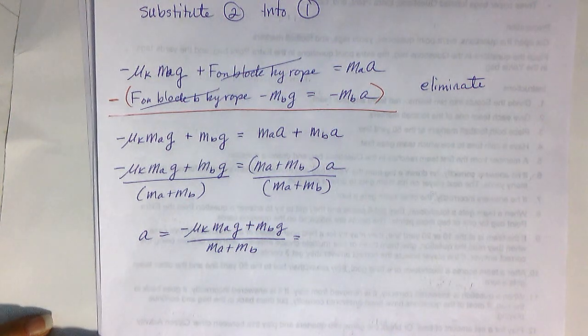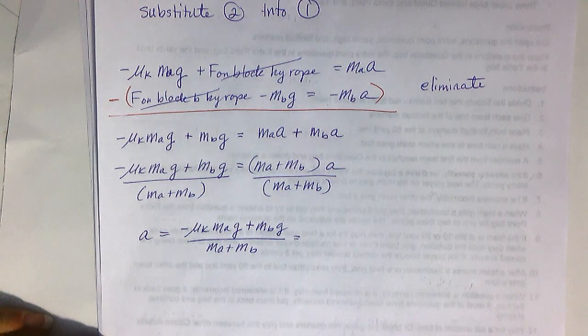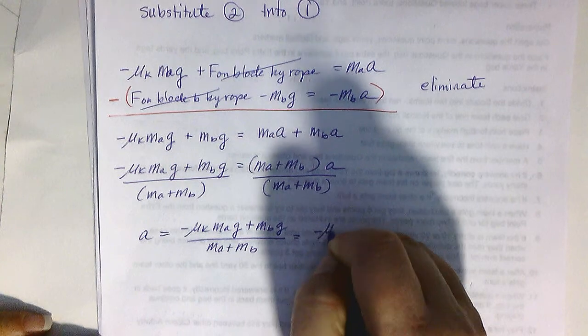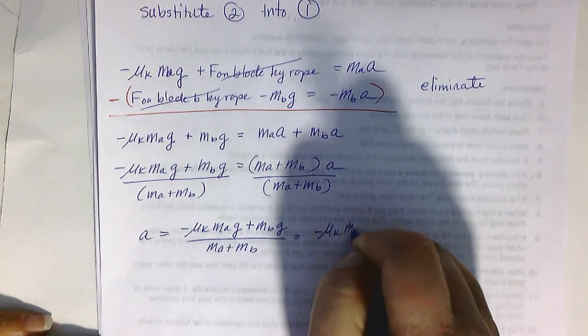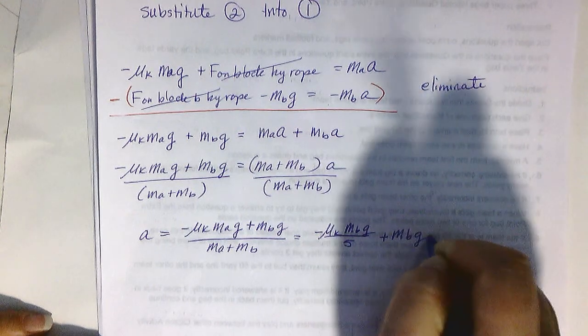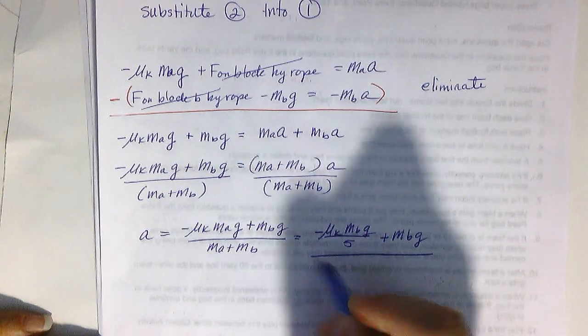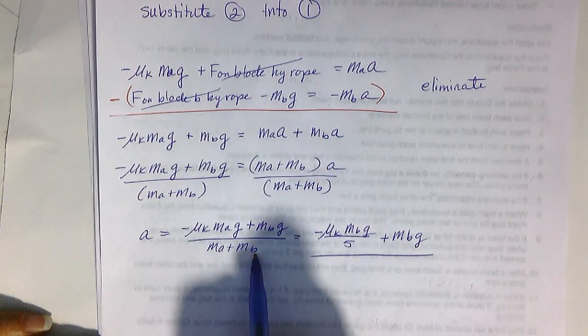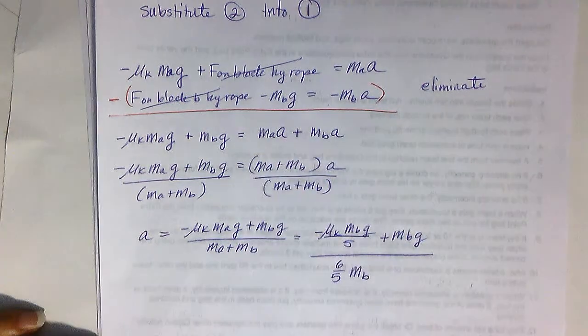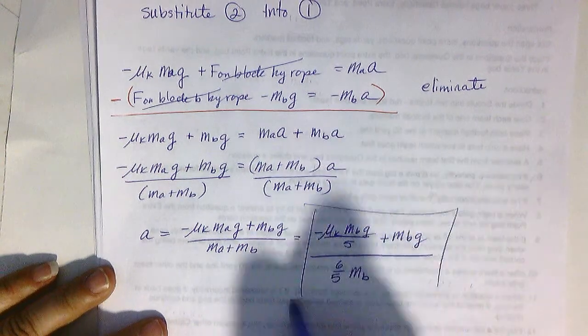I believe that's what it says. Block A is 1/5 the mass of block B. So we're going to go ahead and substitute in 1/5 for this. So that's minus mu sub k m sub b g over 5 plus m sub b g all over 1/5 plus 5/5 gives me 6/5 m sub b. Okay, and there's my acceleration.